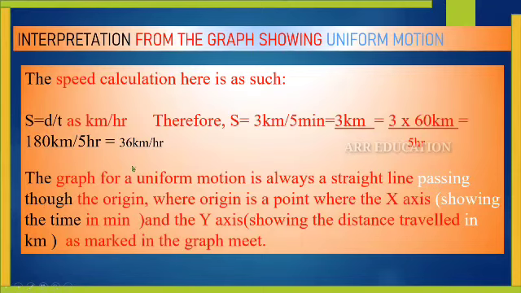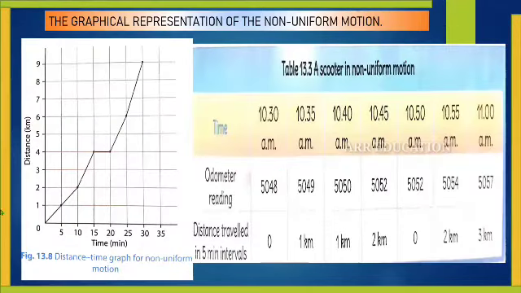So yeah, now let's continue. Again, on the left, we have a distance time graph for non-uniform motion, not like the graph before, not for uniform motion, but non-uniform motion. On the right, we have a table showing non-uniform motion of a scooter, in tabular format.